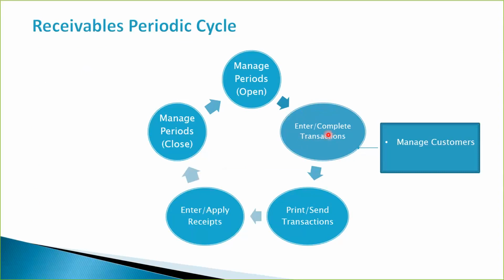After you enter transactions, you have to complete them, which means these transactions are ready to be applied receipts. And then you print and send your transactions to the client as their invoices. So when they receive your invoice, they will send you a payment. That payment you will enter in the system as a receipt which you apply to the transaction, okay? And then you can close your period.